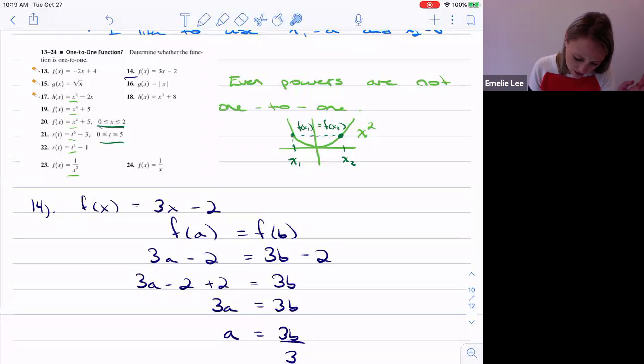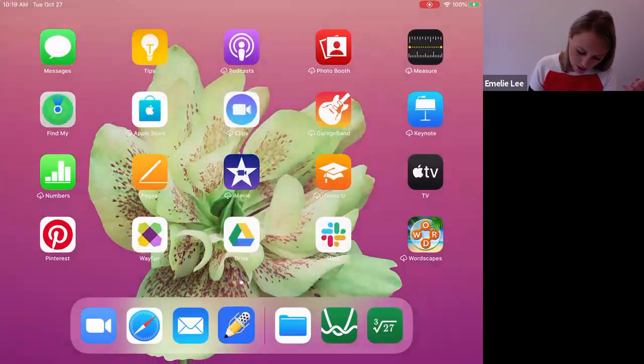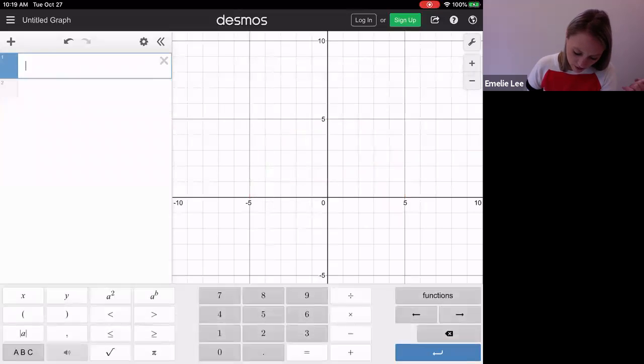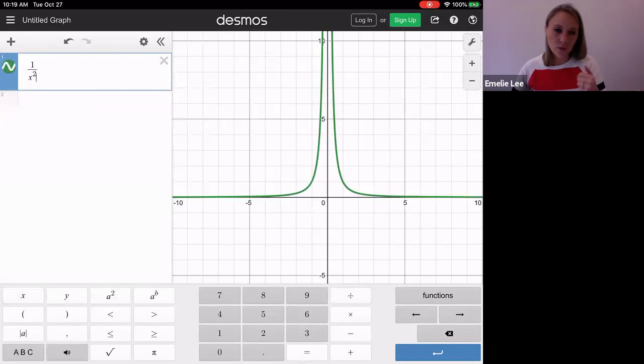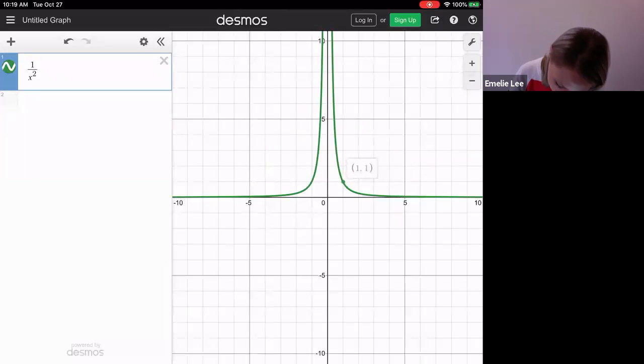But for now, I want to graph 1 over x squared to see what it looks like, because it's not really in my roster of things we know. So 1 over x squared looks like this. One problem that I'm seeing right here, let's say when x is 1, the output is positive 1. But also when x is negative 1, the output is also 1. So I get the same output for different values of x, so it's not one-to-one.